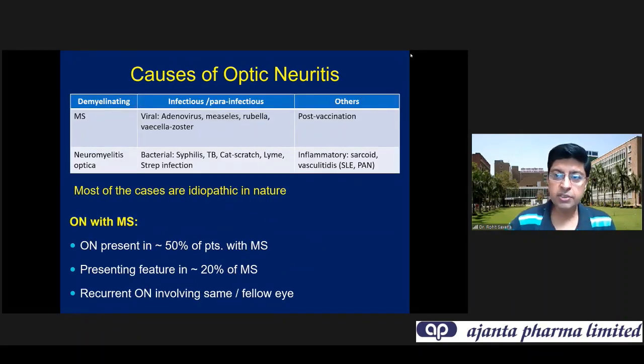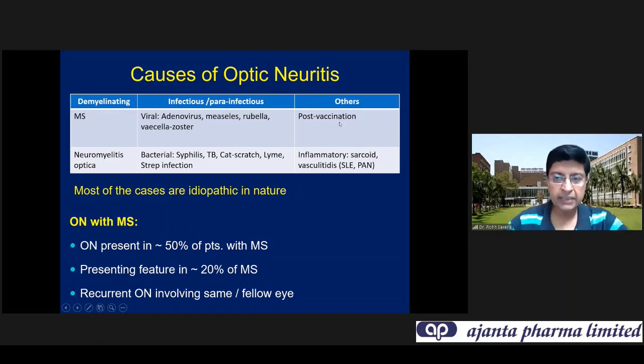So the causes of optic neuritis would be broadly divided into three groups. One would be demyelinating, so it could be an isolated demyelinating optic neuritis. It could be associated with multiple sclerosis or a recent understanding over time of neuromyelitis optica or NMO. It could be infectious or para-infectious. It could be basically due to viral infections of various kinds, including bacterial, and tuberculosis in our country always forms a differential for any inflammation or any optic nerve disease that we see.